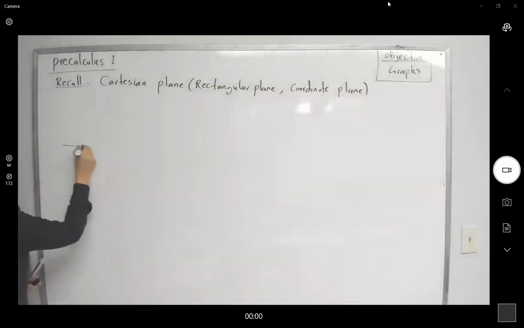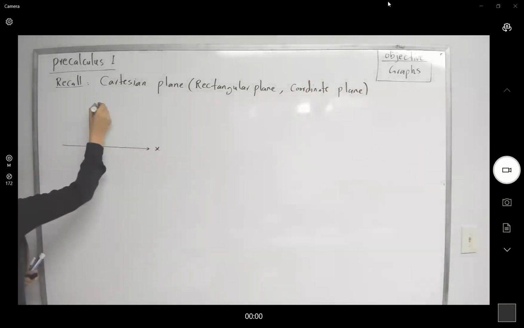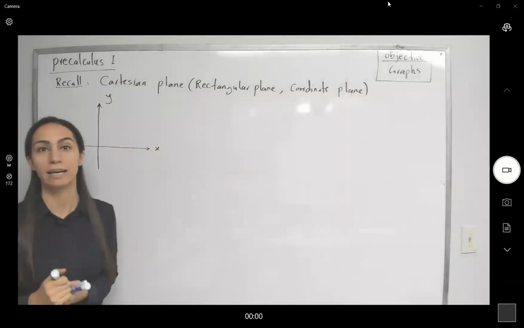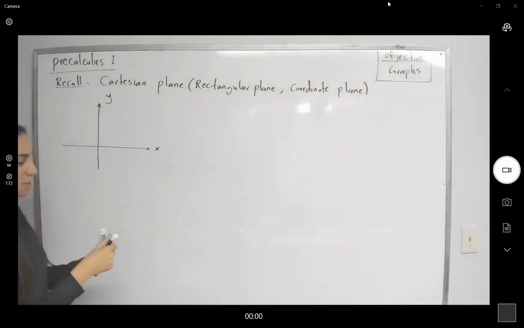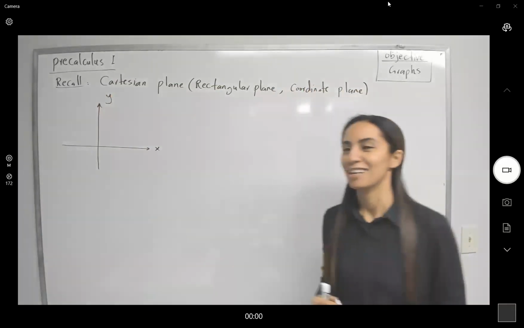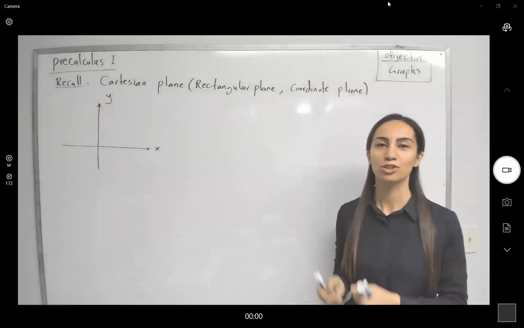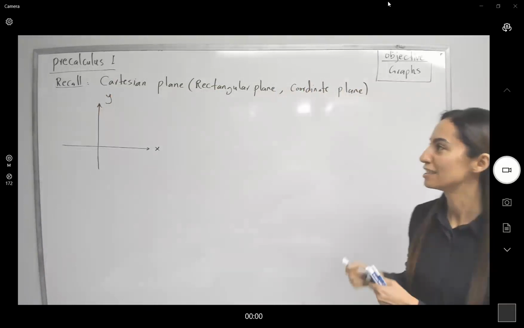It includes the X axis and the Y axis. And we have a bunch of points in this XY plane, rectangular plane, and so on. So we're going to talk about relations before we jump into functions.